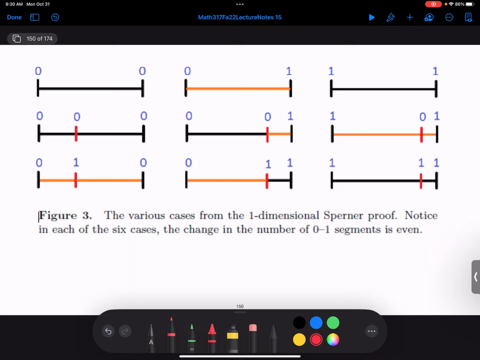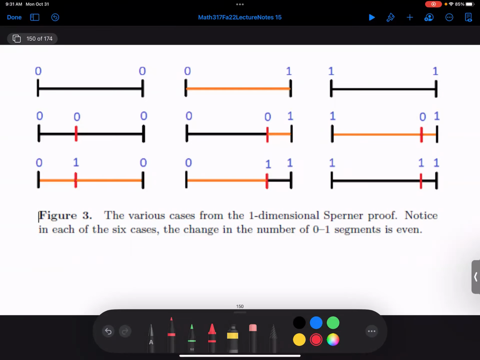For the other one that was 0, 1, when we put in a 0, we still have one segment that's 0, 1 as before. When we put in a 1, we still have one segment as before. For the third one, if you just flip all the 1s to 0s and all the 0s to 1s, it's the same case. So what we notice is every time we add a new label, the number of 0, 1 segments is either the same or changes by 2.